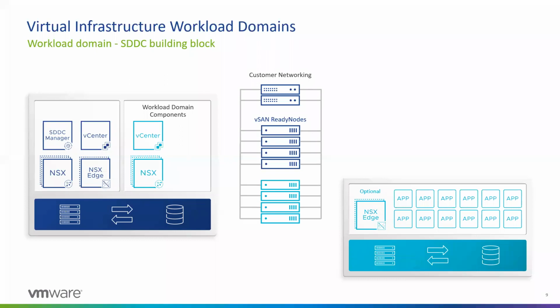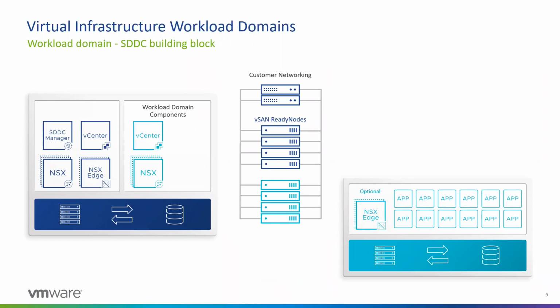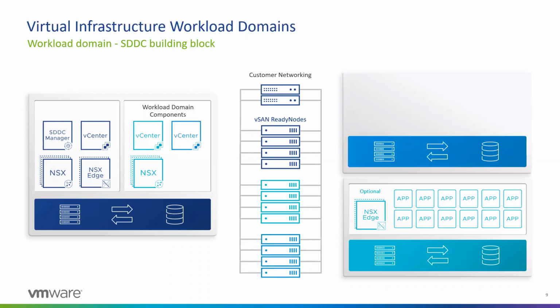Maybe that's production workloads, maybe tier 1 workloads. Maybe I need some other workloads to run containers. I can create another workload domain. I can put it as a cluster in an existing one, but I can create another workload domain, which will, as you can see, increase the number of vCenters on the left side whenever we create a workload domain.